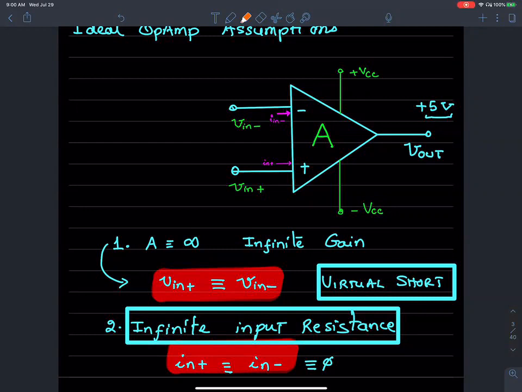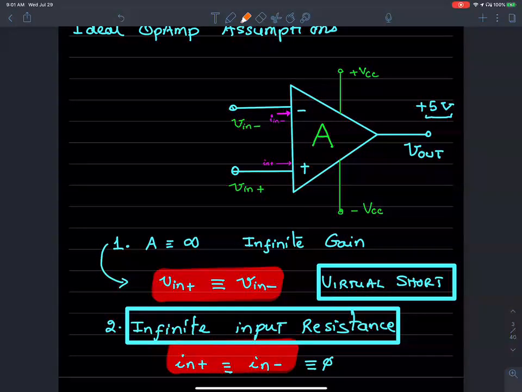And this is owing to the fact that the open loop gain is a really large number. The first rule is the voltage that you apply on the positive terminal will automatically show up magically on the negative terminal. That's the first ideal OpAmp assumption, called a virtual short.